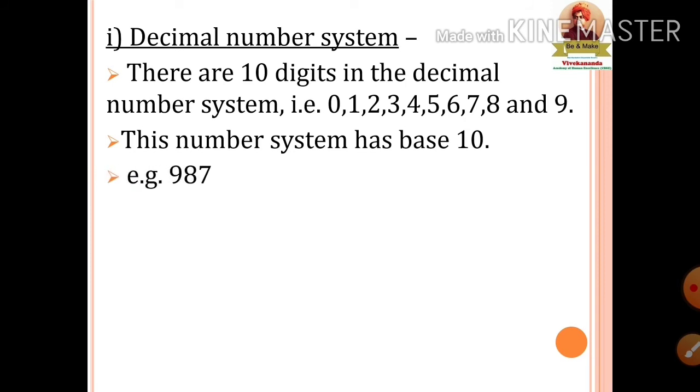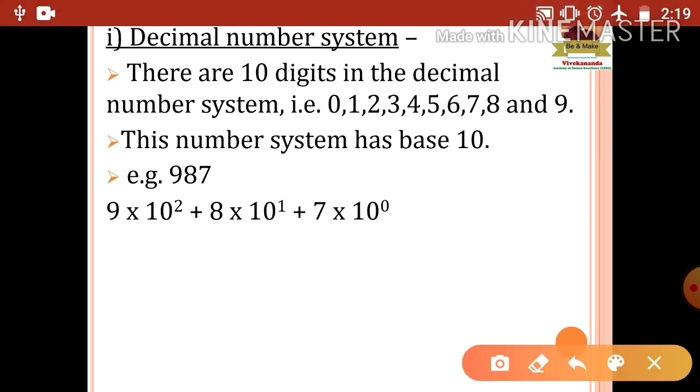Let us consider an example, the number 987, and how it is represented in the decimal number system. To represent the number 987 in the decimal number system, we are going to calculate the values of the digits based on their position. So here the number 987 will be written like this.